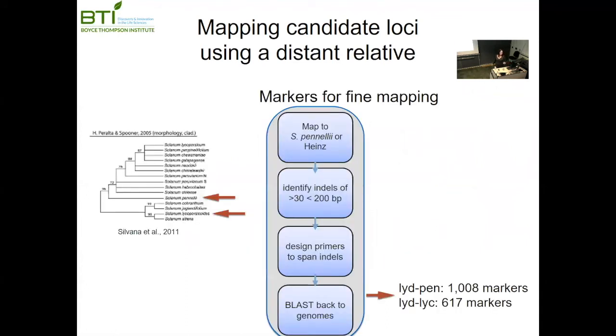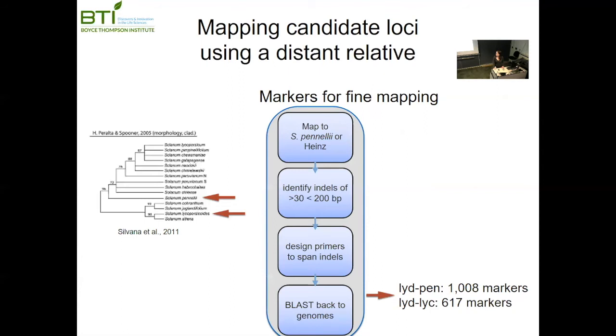All right, so now that we have this genome, we want to move forward with projects to look at these genes that are involved in disease resistance and fruit quality. So how do we do that? We developed a pipeline for creating markers to map traits in these crosses.